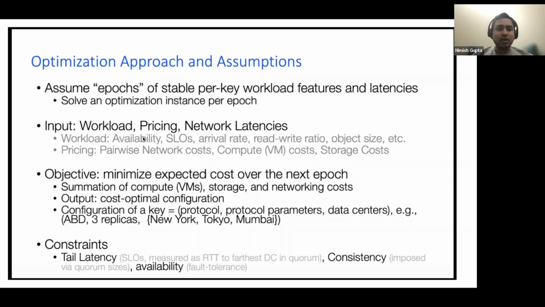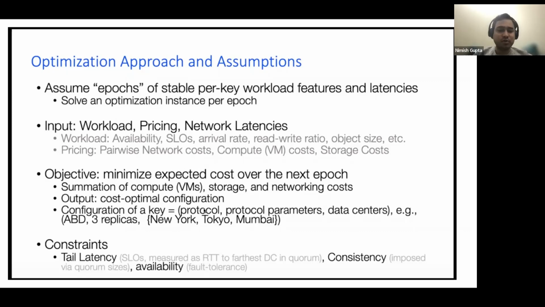The objective of the optimization is to minimize the expected cost over the next epoch while maintaining the tail latencies. The cost consists of the sum of the compute cost, the storage cost, and the networking cost. The output of the function is a cost-optimal configuration.